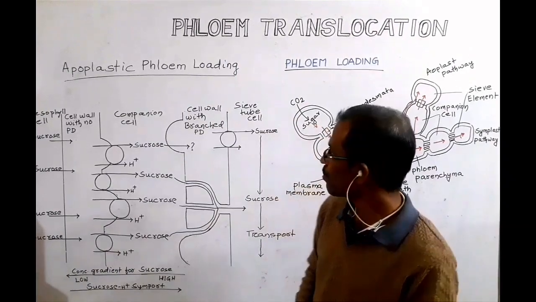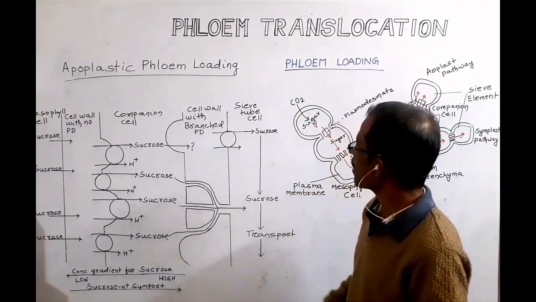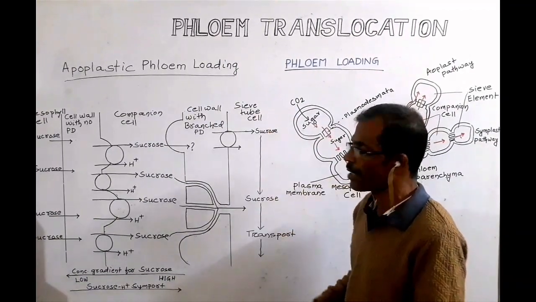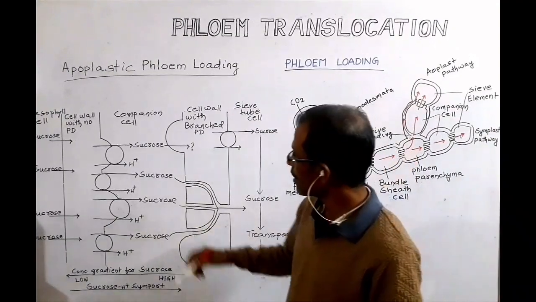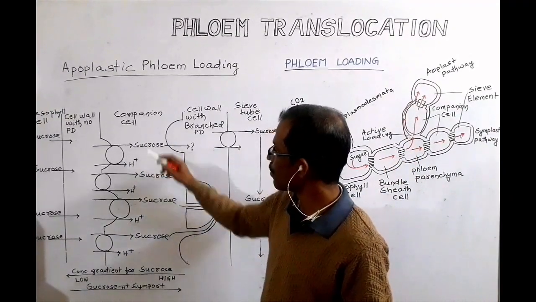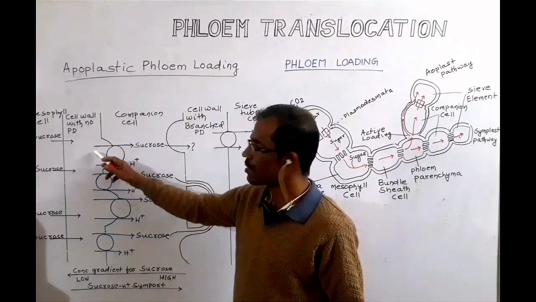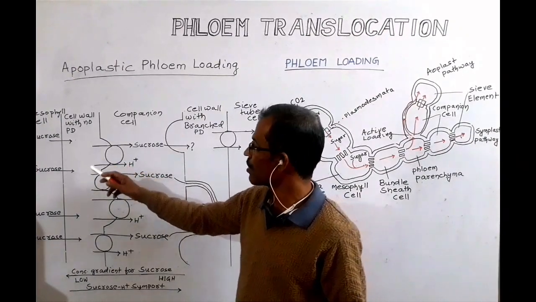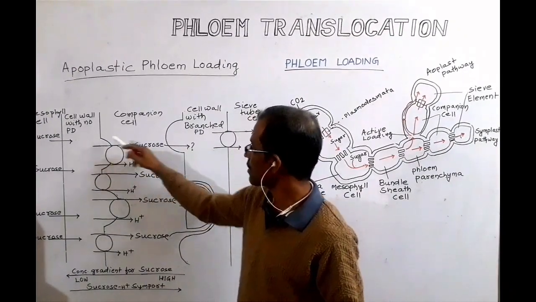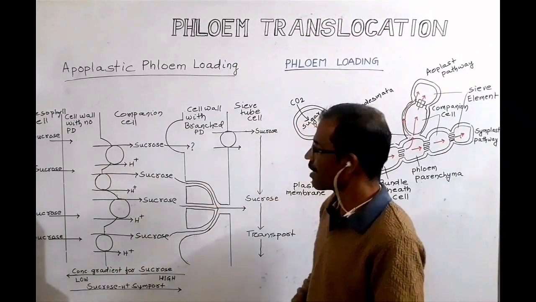It is also present in the cell membrane of the sieve tube element. So, with the help of the H plus sucrose importer, sucrose molecules are actively transported from the apoplast into the companion cell.